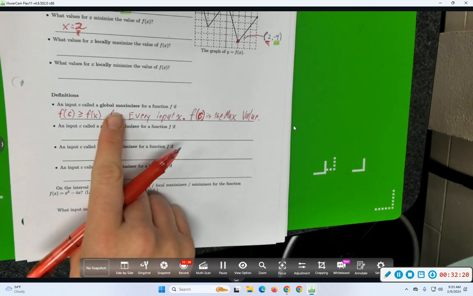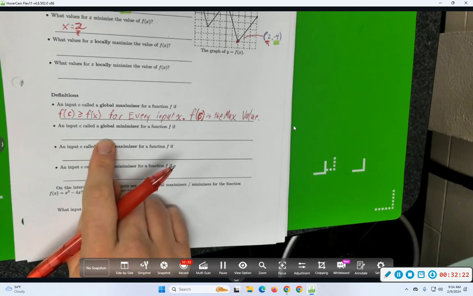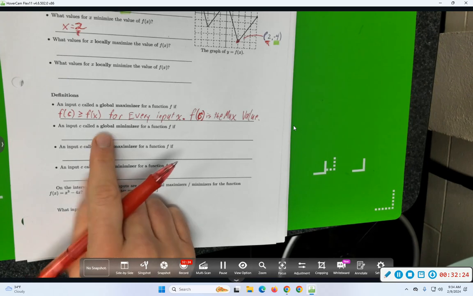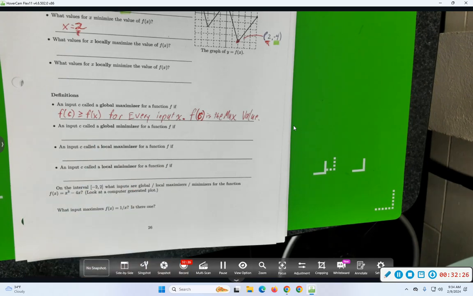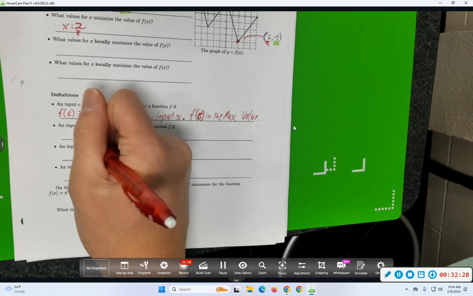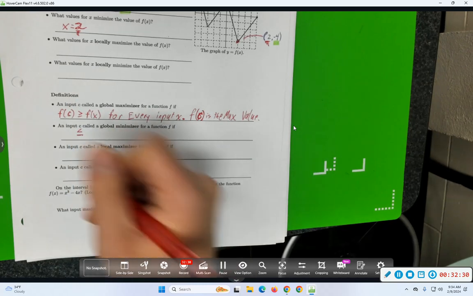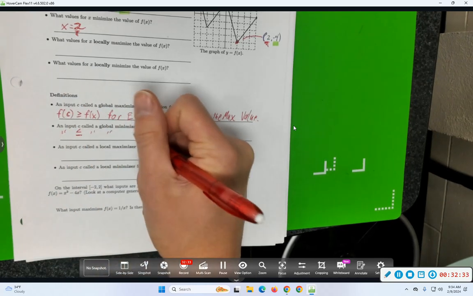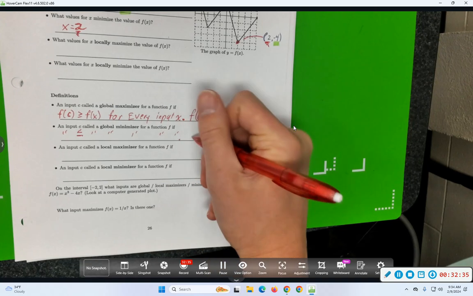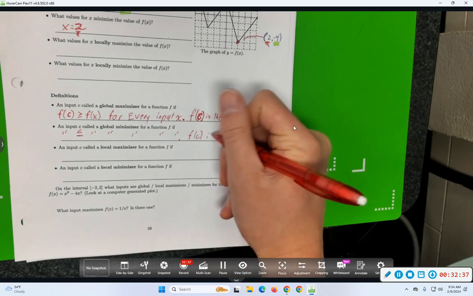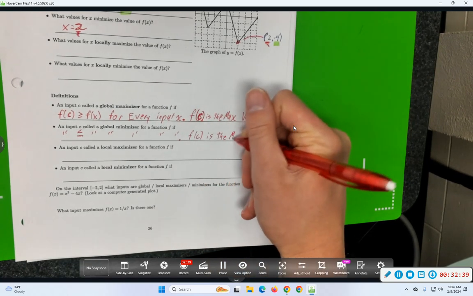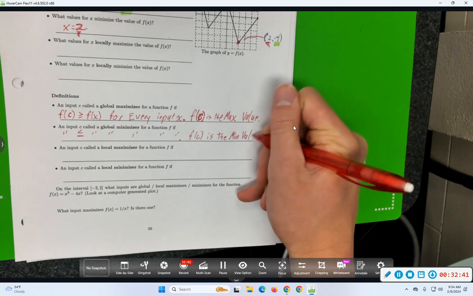What if I wanted to describe a minimizer? Flip that inequality. And then f of c is the min value.